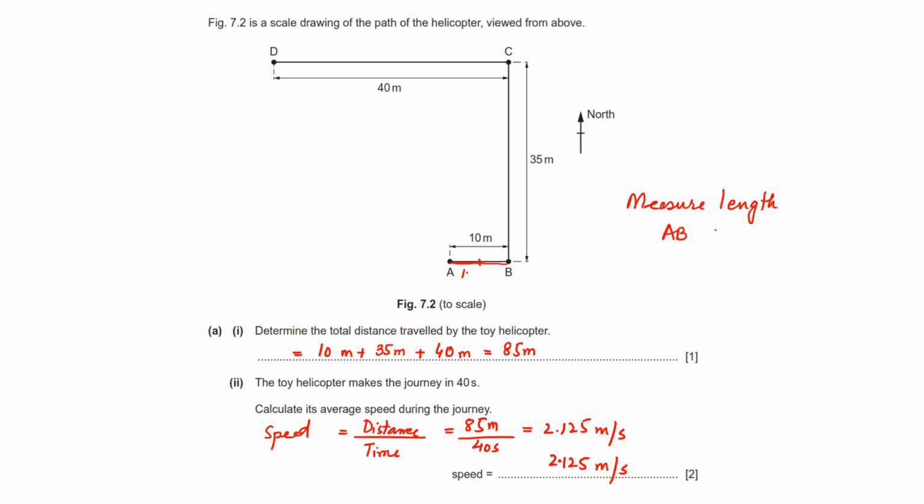We are going to measure length AB. That comes out to be, say, X centimeters with the help of your ruler, and the actual AB is equal to 10 meters.